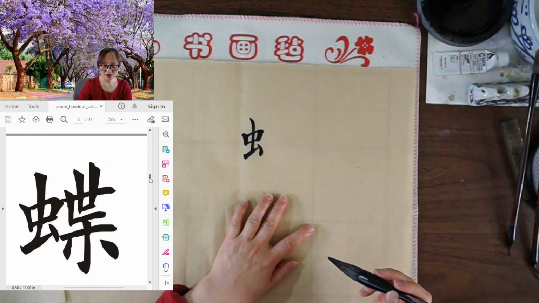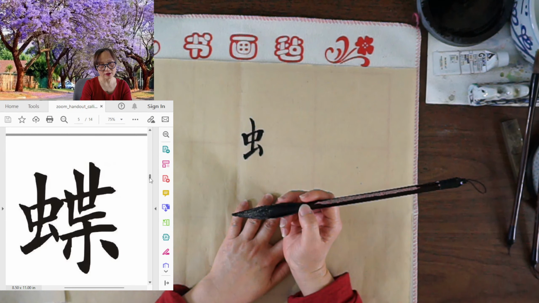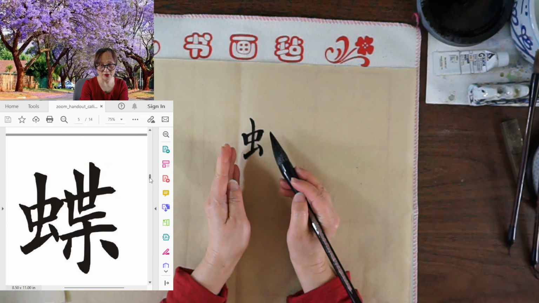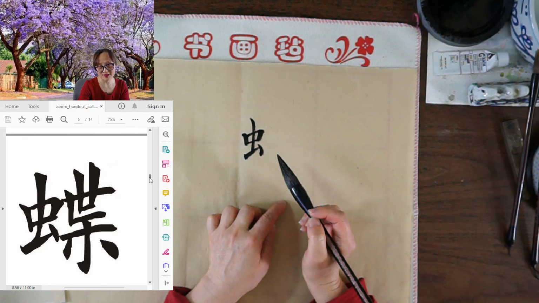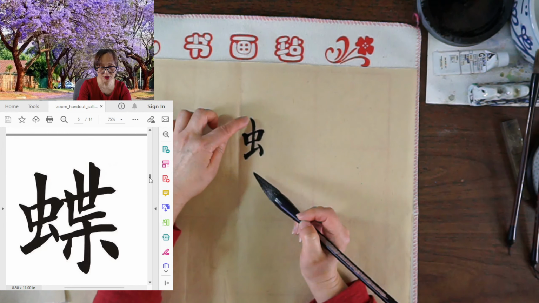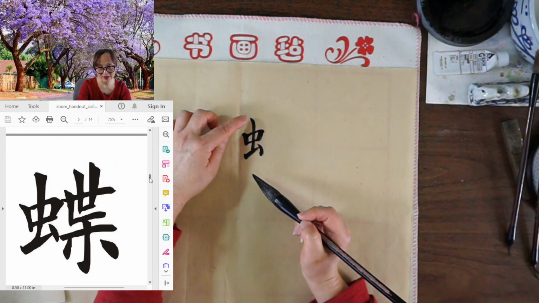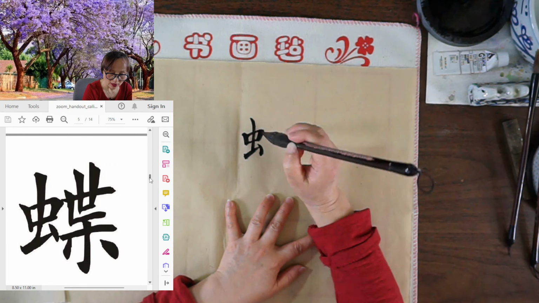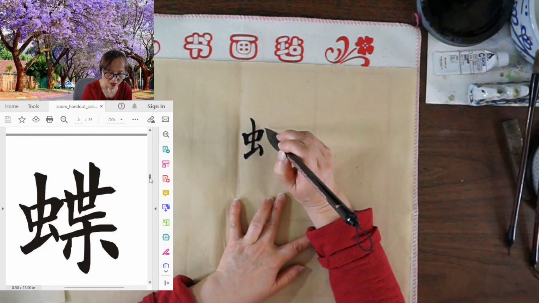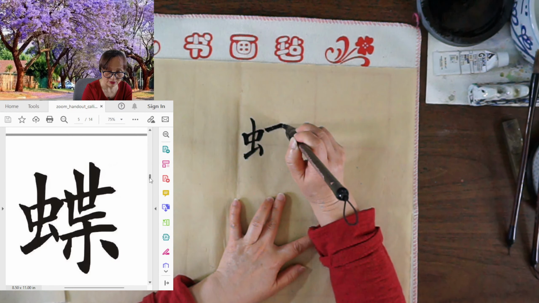Okay, the left part. We talked about how if it's a radical, it's a little bit smaller than the main part on the right-hand side, in this case, right? So a little bit shorter, no longer than that, and a little bit narrower, okay? And actually the right-hand side has two parts, upper and lower, right?